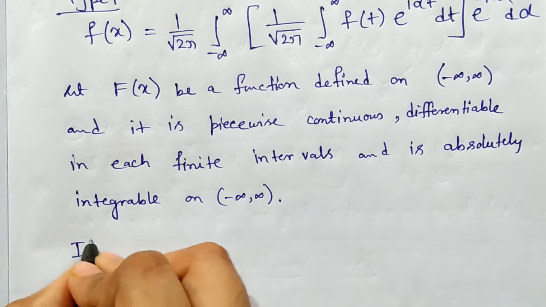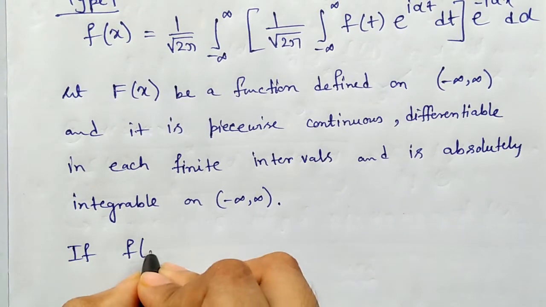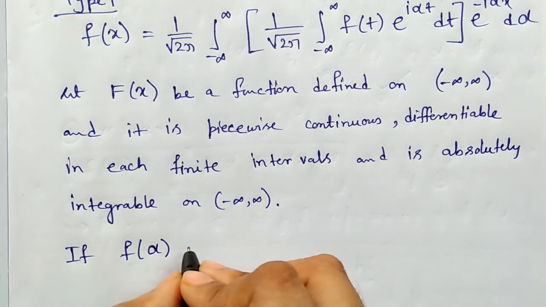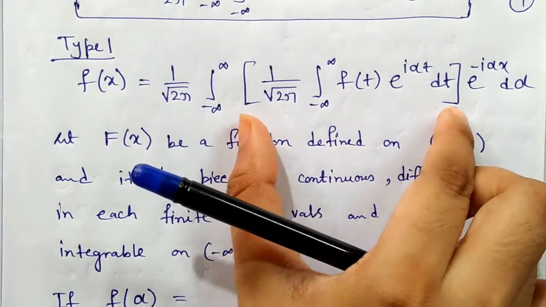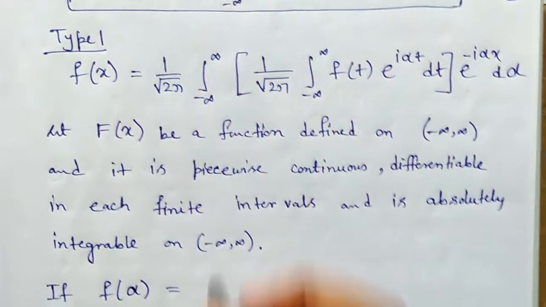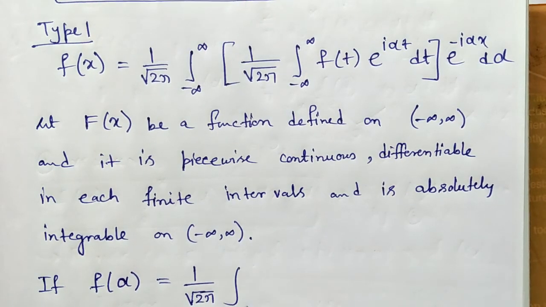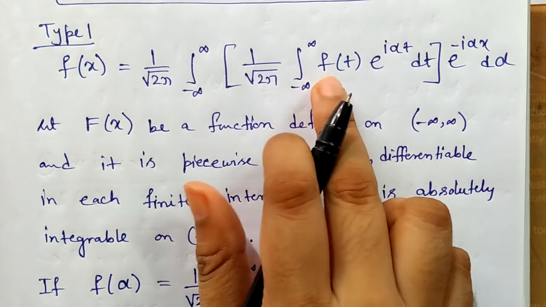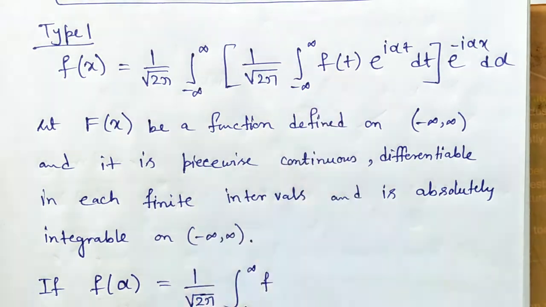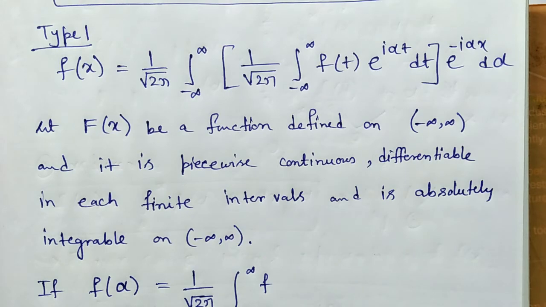So if small f(alpha) equals this within the third bracket portion, that is 1 by root over 2 pi, integration minus infinity to infinity, here this f(t) is the given function for the Fourier integral representation.